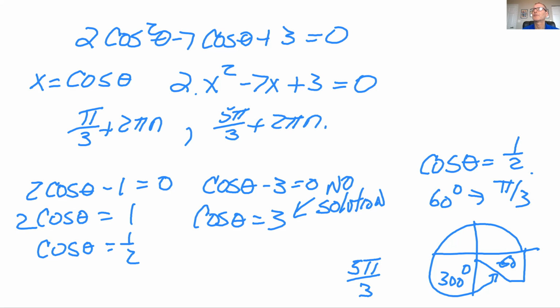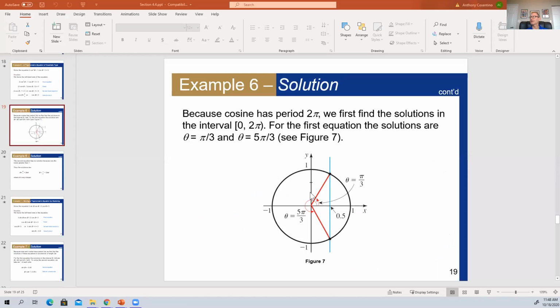And if you take a look at the book, I took this one right out of the book. Let me show you what the unit circle graph would look like. They have a nice pretty picture here. And so again, this is the vertical line of x equals 0.5, and it intersects at 60 degrees and 300 degrees.